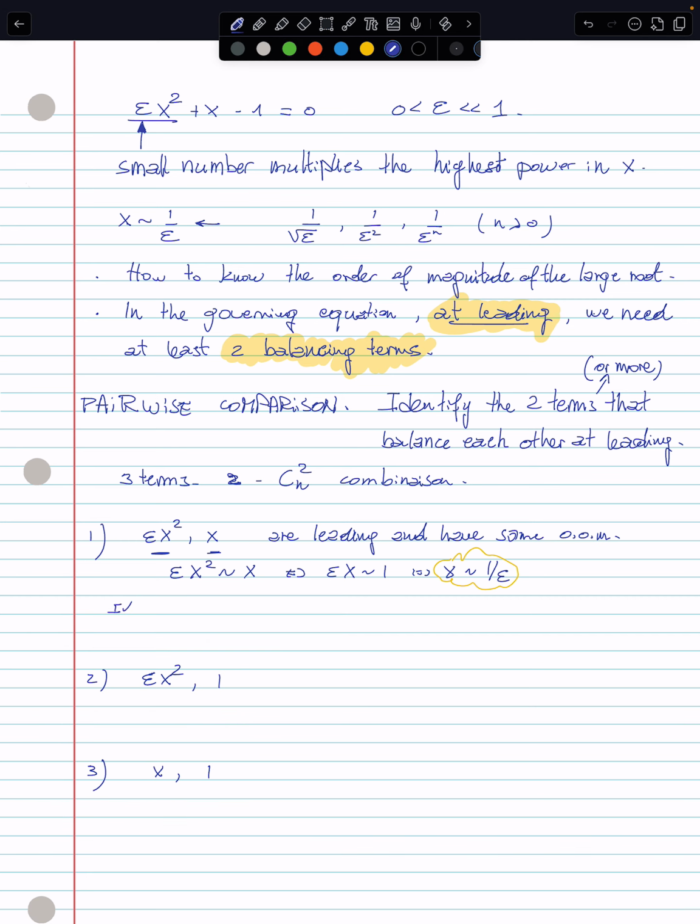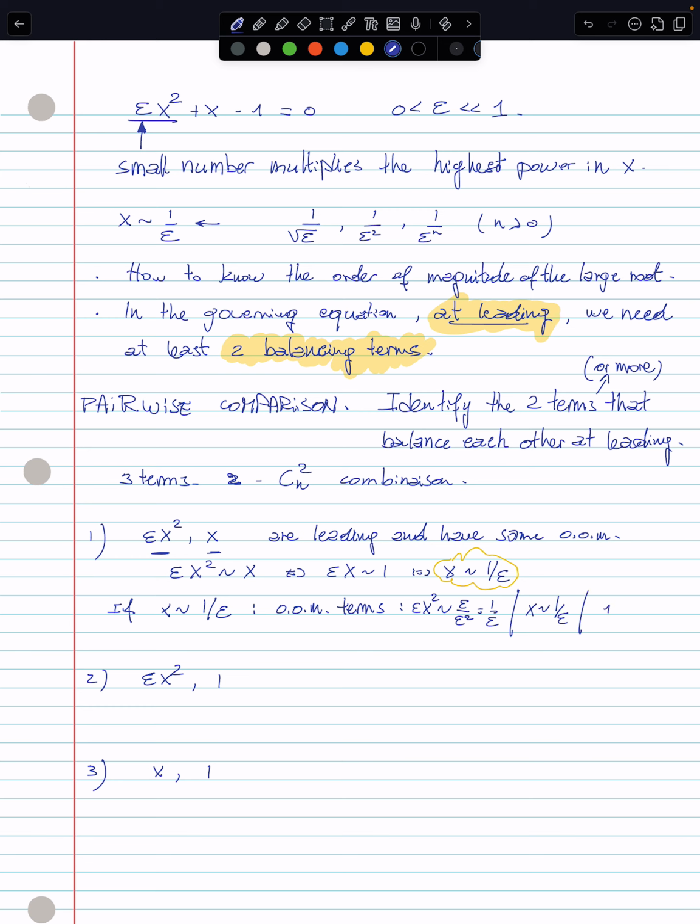So let's keep going and say if x is of order 1 over epsilon, the order of magnitudes of the terms, I'm going to use them in the same order as we had before. So epsilon x squared then will be epsilon over epsilon squared, which is 1 over epsilon. The second one will be x, that is 1 over epsilon.